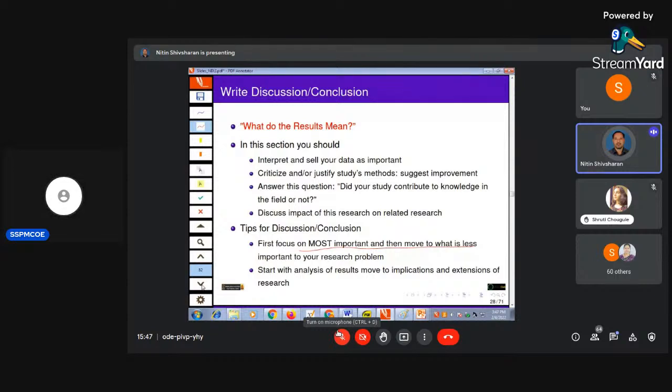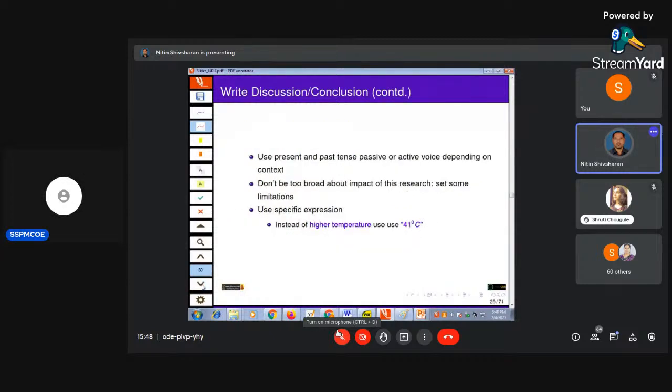Then move to the implications of the extension of the research. Try to put what you are unable to do at this stage and what future research outcomes or research components we can add into this field. We can write these things in the discussion section.